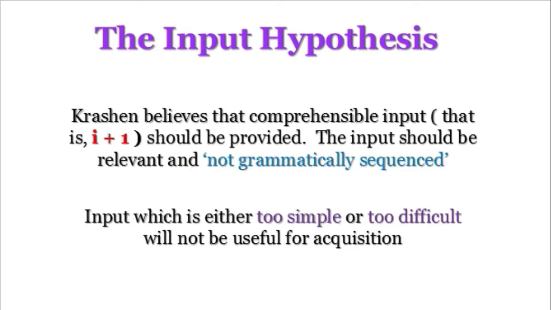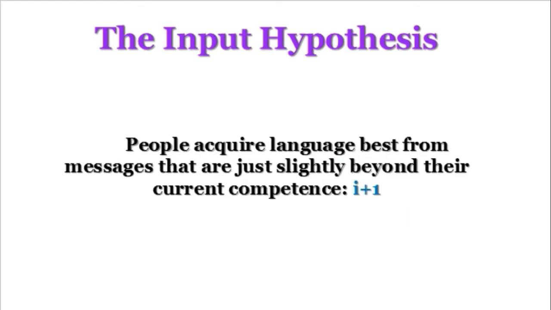Krashen believes that comprehensible input, that is I+1, should be provided, and the input should be relevant and not grammatically sequenced. The input which is either too simple or too difficult will not be useful for acquisition. So, the comprehensible input hypothesis states that people acquire language best from messages that are just slightly beyond their current competence, that is, I+1.